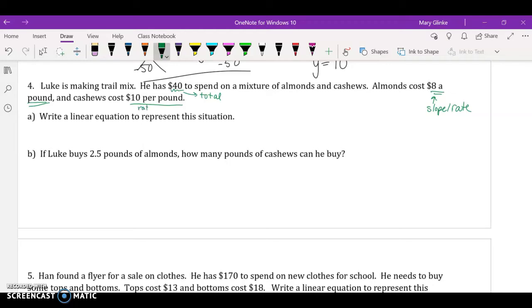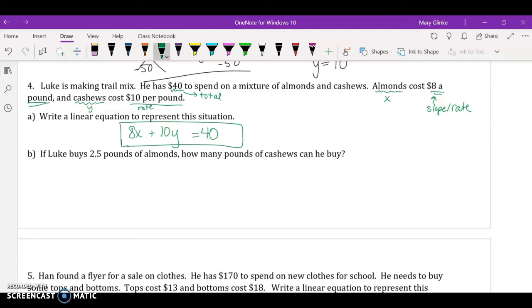This is another rate or another slope. Let's say almonds is x and cashews is y. We can say since my total is 40, almonds are $8 a pound, so we would show 8x. Cashews are $10 a pound, so we would show 10y. This is my linear equation, and it's naturally in standard form again.